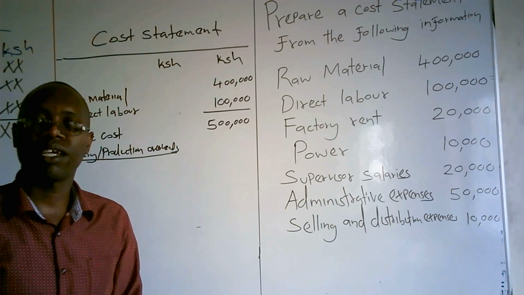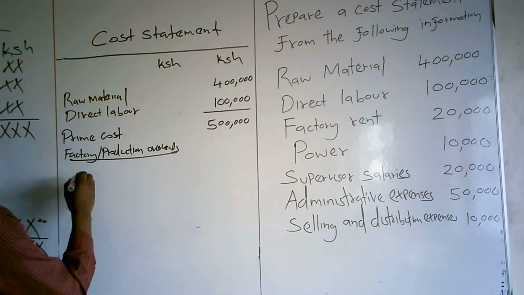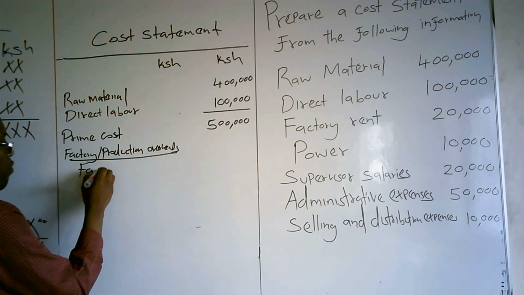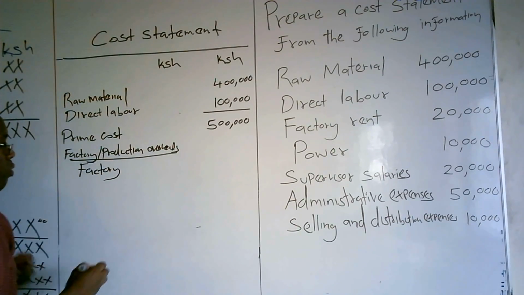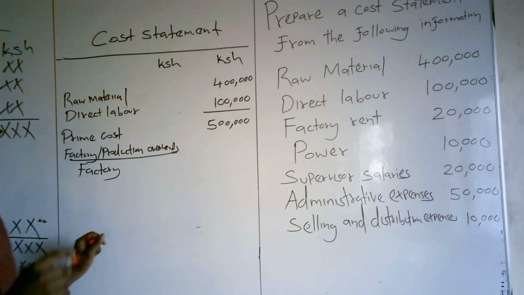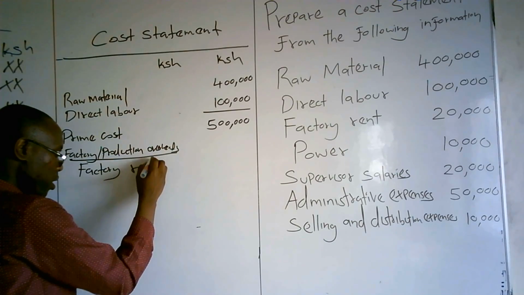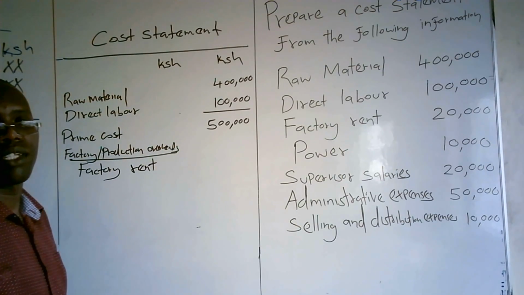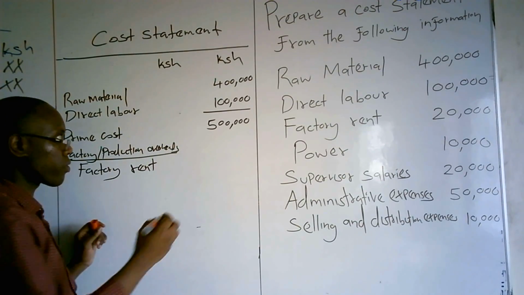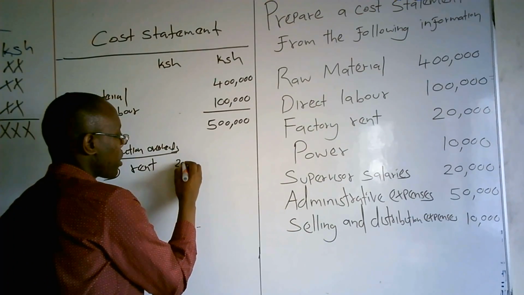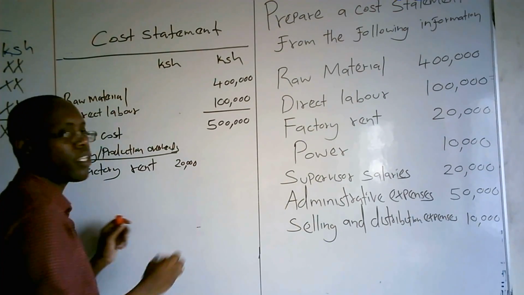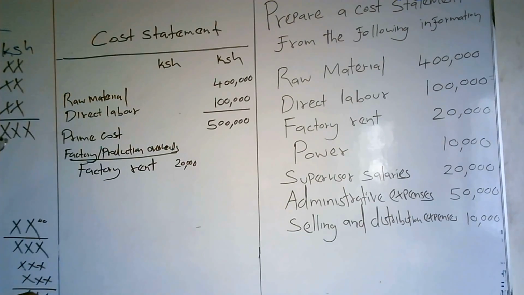We are going to have things like the factory rent. Overheads are like expenses, those expenses that will be incurred in the factory. So the factory rent, you can see is 20,000. So let us capture here under the first currency sign as 20,000.